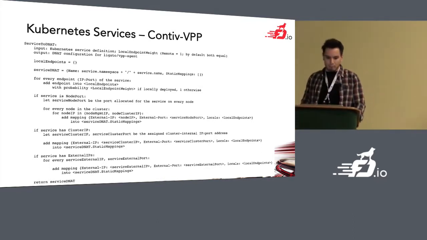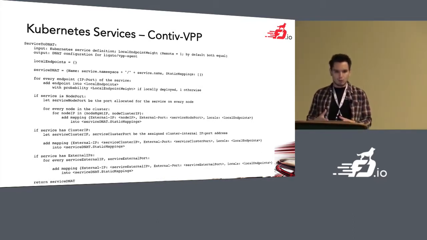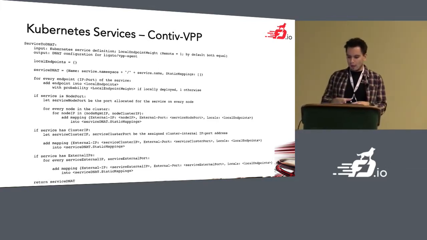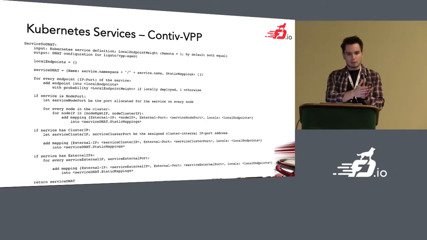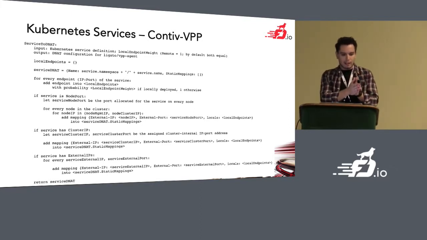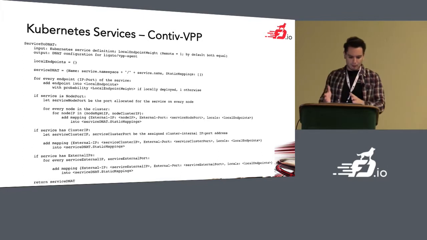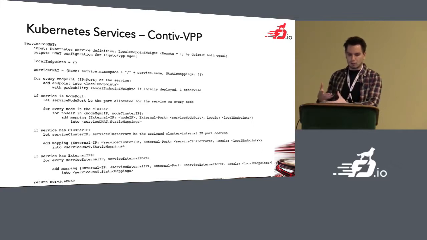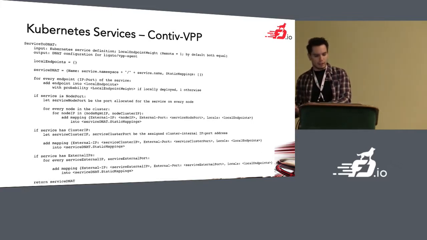That is the algorithm we use. This is pseudocode, it's not the exact algorithm, to pretty much transfer the service to this DNAT mapping. So we have this input, which is the Kubernetes service, and the output, which is the DNAT configuration, which is going to get pushed to Legato.